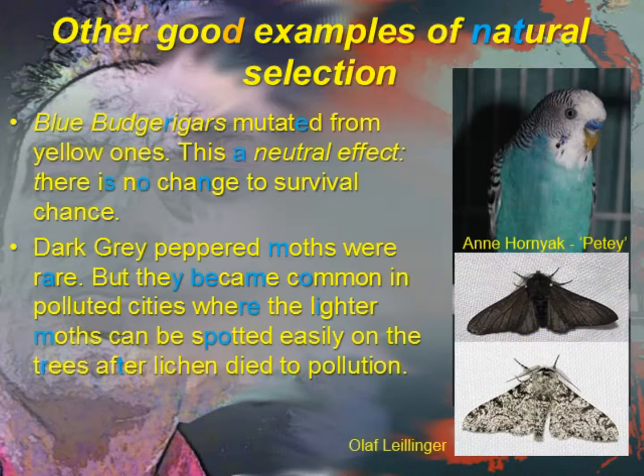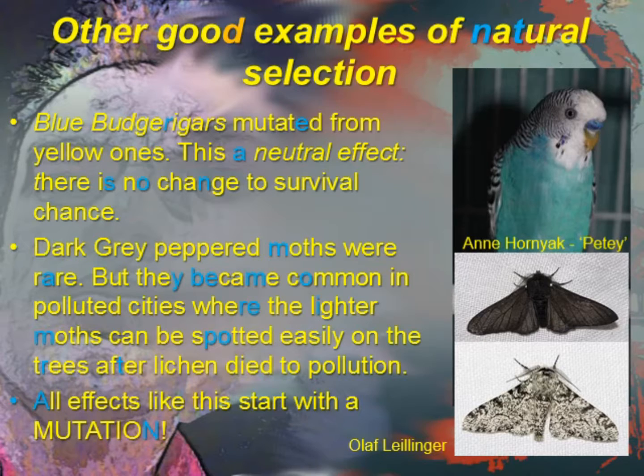But an example where coloration does make a difference: the dark grey peppered moths were rare, but became common when we had a lot of pollution in our cities, because the pollution killed the lichen on the trees and the lighter speckled moths were easy to spot on the polluted trees. So all effects like this start from a mutation.